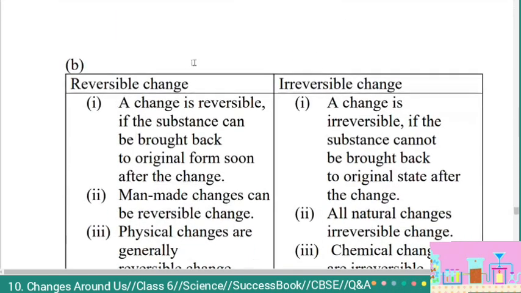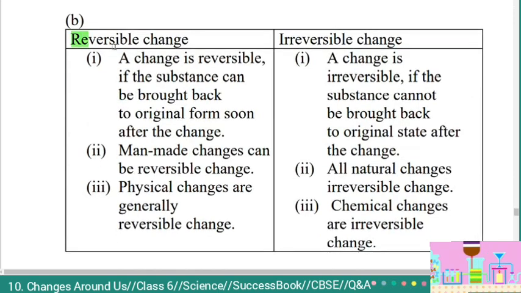Now, second difference is reversible and irreversible changes. First point, a change is reversible if the substance can be brought back to original form soon after the change. In the irreversible change, a change is irreversible if the substance cannot be brought back to original state after the change.